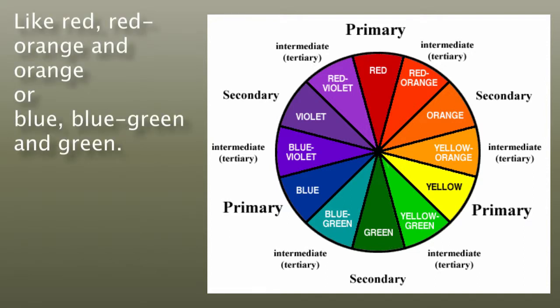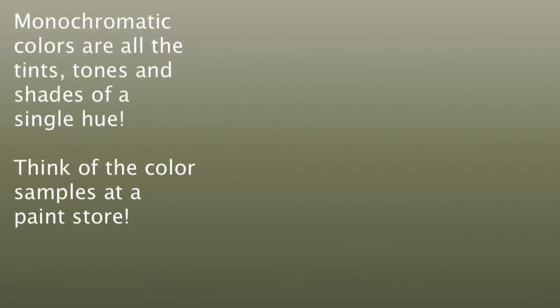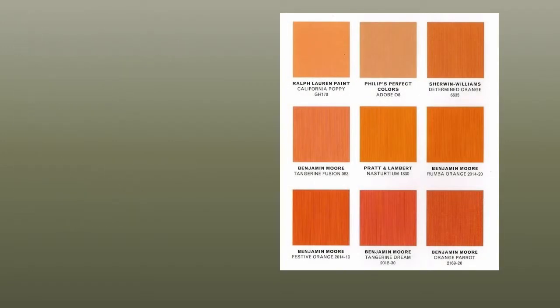Like red, red-orange, and orange. Or blue, blue-green, and green. Monochromatic colors are all the tints, tones, and shades of a single hue. Think of the color samples at a paint store.